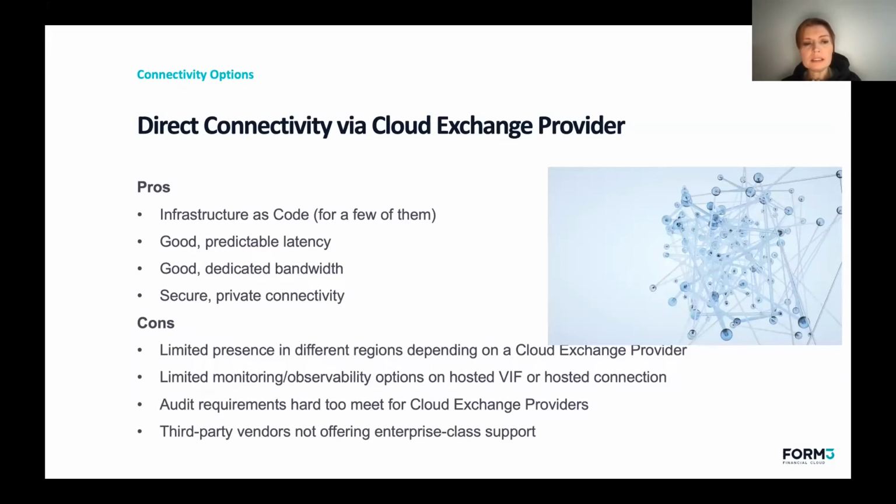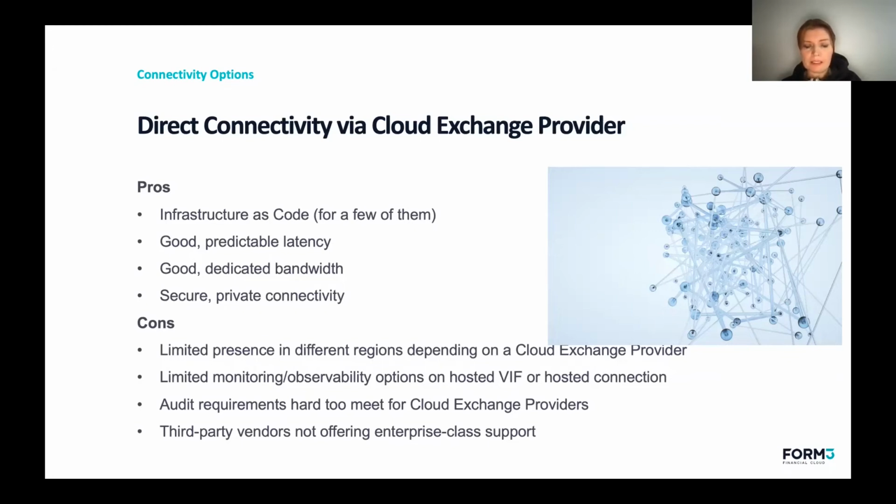On the other hand, Megaport has limited presence in different regions. Basically, cloud exchange providers have a limited presence in different regions, so depending on the region, you could use a different cloud exchange provider. We need to think about the future. We are expanding to US markets, so we are looking at US presence as well.